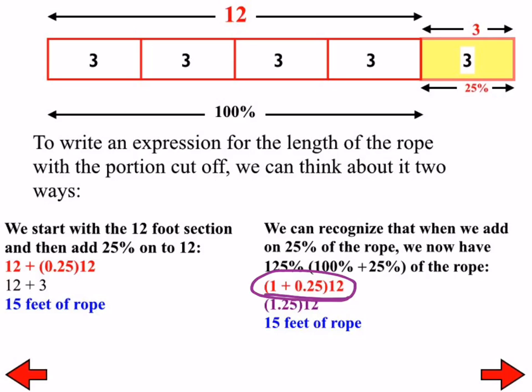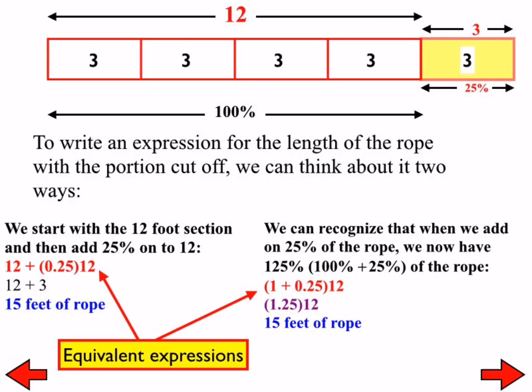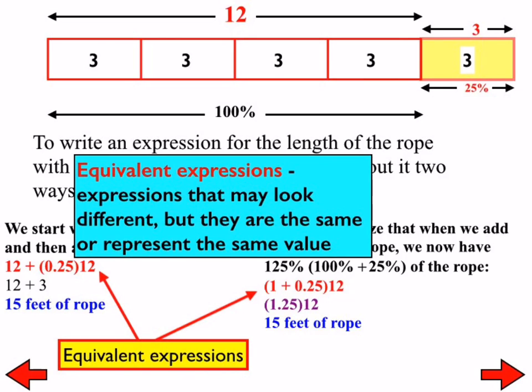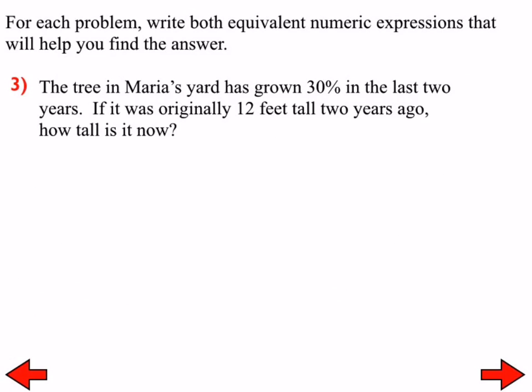So we're finding 125% of 12. So the 2 numeric expressions, which is the important part of this problem, that's what we were trying to come up with, those 2 equivalent numeric expressions, okay? All right, those are equivalent expressions once again. Let's go to number 3.